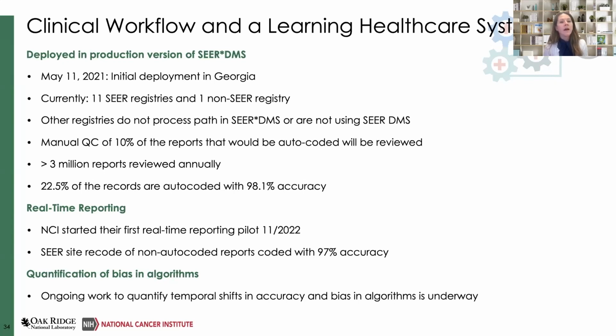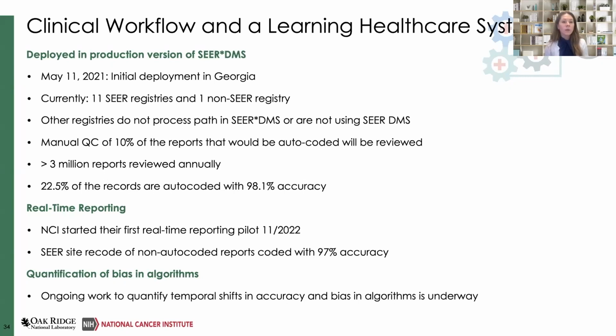And then outside of the deployment, we're doing a manual QC of 10% of the reports that are auto-coded, so that we can check to make sure that the algorithm is working correctly, and we can fine tune it and correct it if there are issues in the predictions.